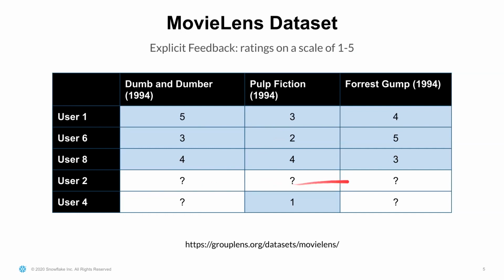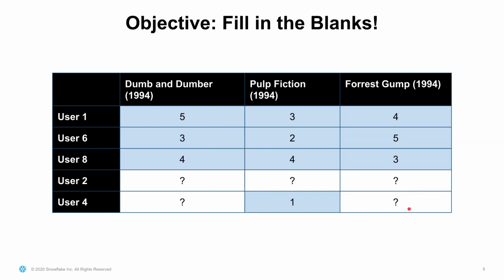The purpose of the exercise is to fill in the blanks, to say, based on all of these ratings for all these different users, what might be the preference for user 4 for, let's say, Forrest Gump. We want to fill in the blanks with our simple recommendation engine model, and then based off of that, I can recommend movies, or I can say, just like Netflix, you're 98% likely to like this movie.